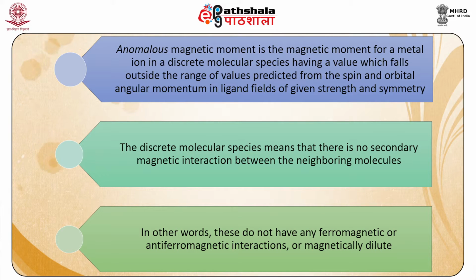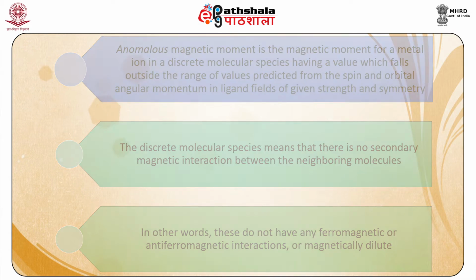The discrete molecular species means that there is no secondary magnetic interaction between the neighboring molecules. In other words, for these systems, there is not any ferromagnetic or antiferromagnetic interactions. It explains these systems are magnetically dilute.